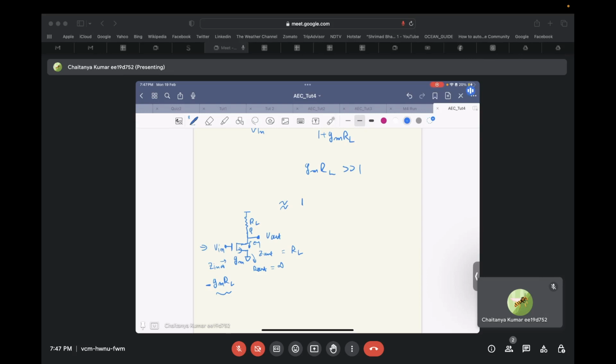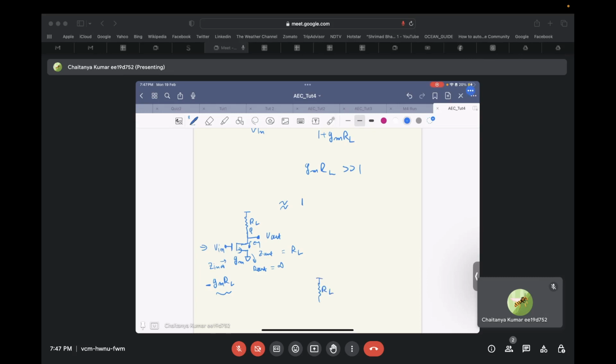Zero output impedance we can get by placing a common drain amplifier that we saw, whose gain is unity, at the output of the common source amplifier. In this way, we can cascade it.